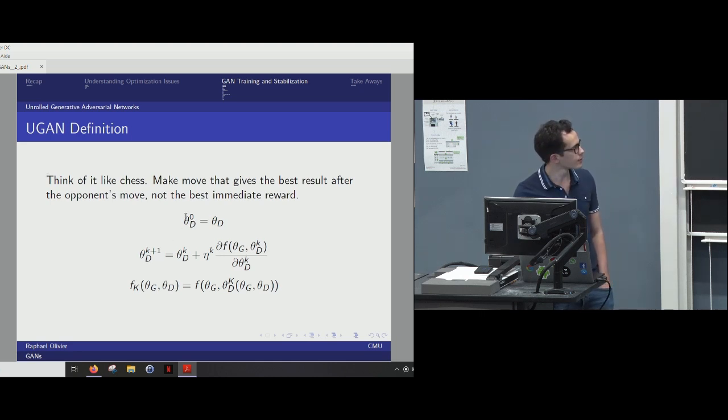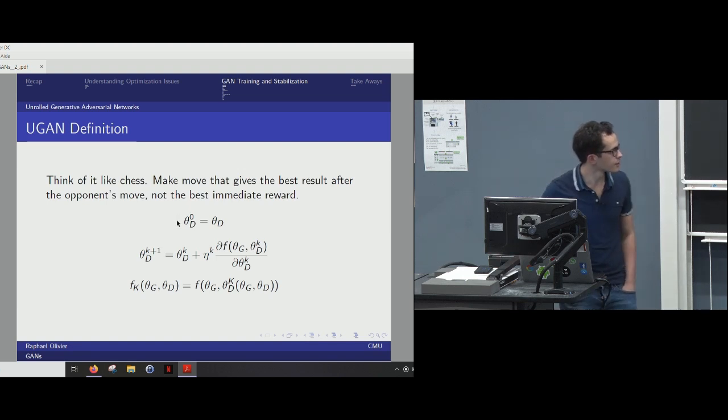So there it is. You start with the discriminator in some state.